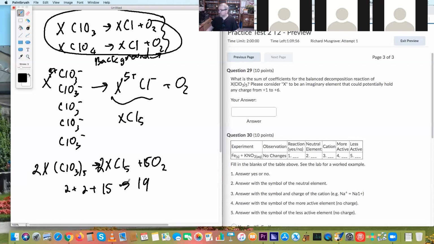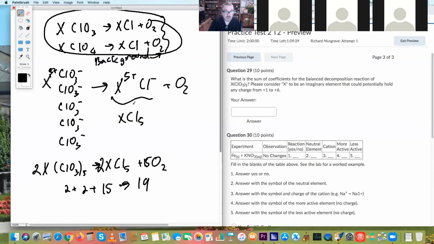But if we look at the steps here, if we just break it down, the first thing we do is try and figure out what the charge on the X is. And just a tip here, it's always going to be the same as the number of ClO3s attached in the compound. So you can see that it's 5. You automatically know X is going to be 5+. Then you figure out what the chloride would look like.